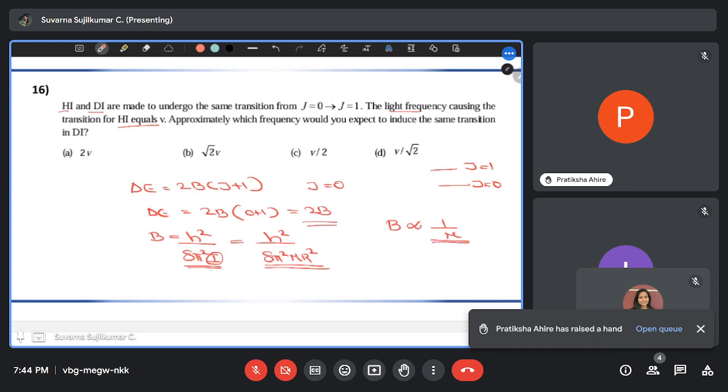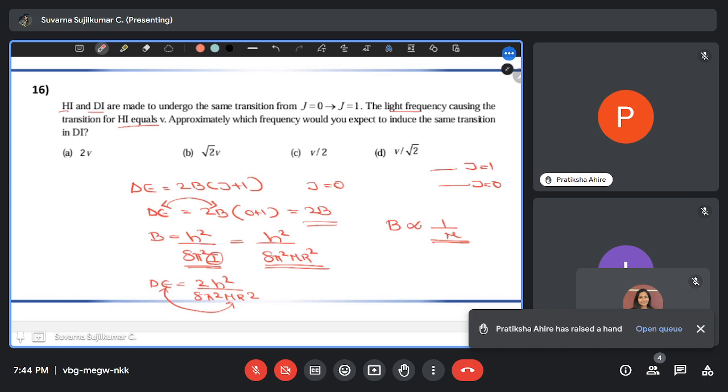Clear? The rotational constant is directly proportional to delta E. So what is the relationship between delta E and mu? It will be simplified. So delta E is inversely proportional to mu. Correct.